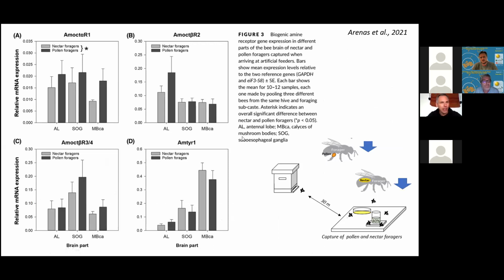But at least these differences in which receptors are more expressed in the brain of nectar or pollen foragers might give us an idea of what might be going on regarding differences in sucrose sensitivity.